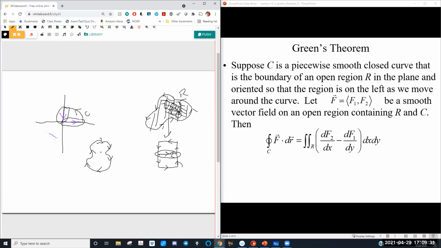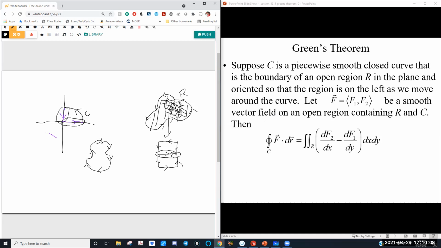But because what we're measuring is circulation, if we did Green's theorem on a closed path that's going clockwise, the only thing that would come out incorrect in our answer is the sign, not the magnitude. So we could still use Green's theorem, and then we would just flip the sign at the end. While we want it to be closed and we want it to be going counterclockwise, those aren't absolutely necessary to use Green's theorem, but they're things that we would have to make adjustments for.